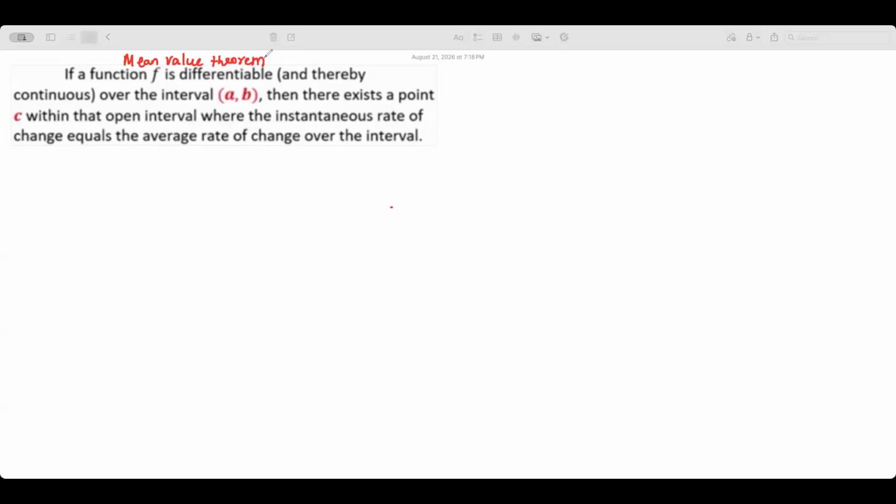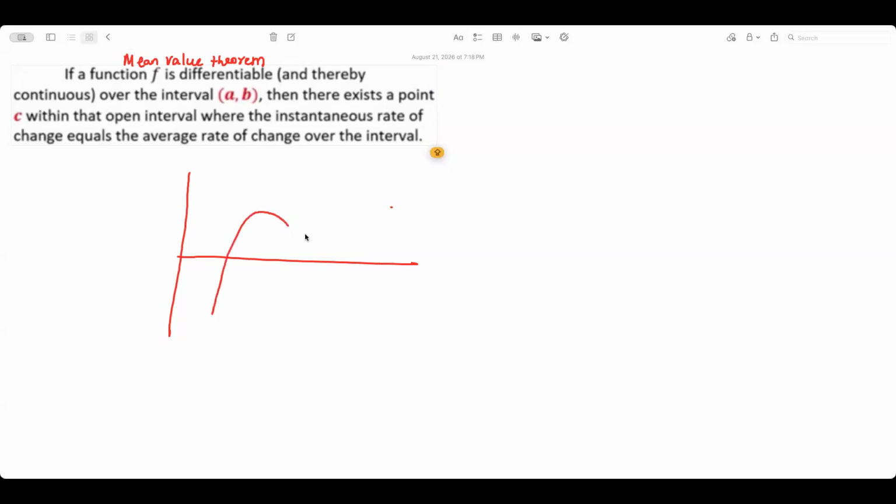So if a function f is differentiable, we are considering a differentiable function. A differentiable function means it's also a continuous function over the interval a comma b. Let's consider this function, and the interval a comma b. This is b, this is a, over the interval a comma b.